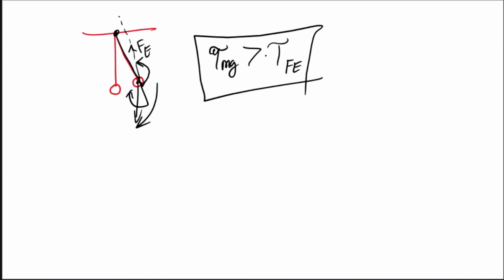And here I feel like you will not need to use much of the angle concept, because see, tau mg, if you write here, will be equal to mgl sin theta. And if you write this one, it will be equal to Fe, and this is L, and sine of this angle. If this angle is alpha, this is 180 minus alpha, and sine 180 minus alpha is nothing but sine alpha.